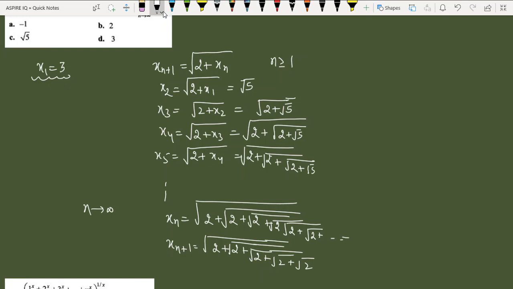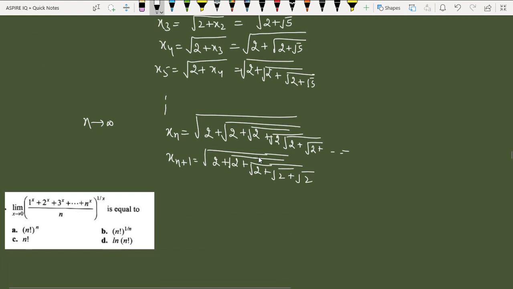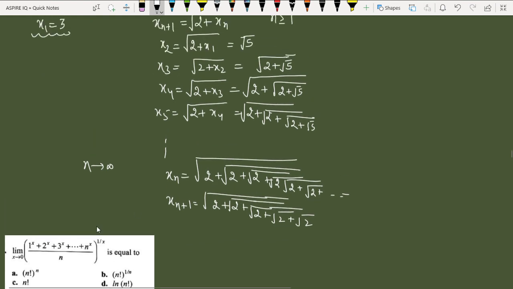So there is no difference between xn and x(n+1) if n tends to infinity. There is no more difference in xn and x(n+1). From this expression you can simply assume it. We can assume there will be no big difference between this expression and this expression when n tends to infinity.